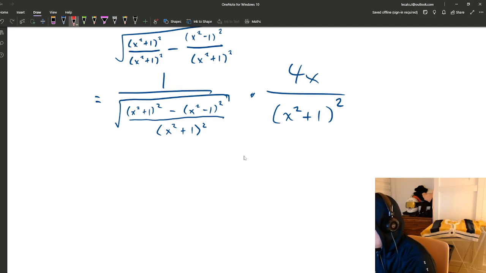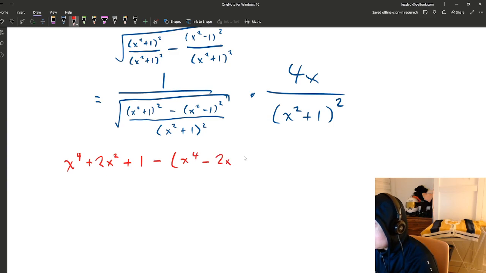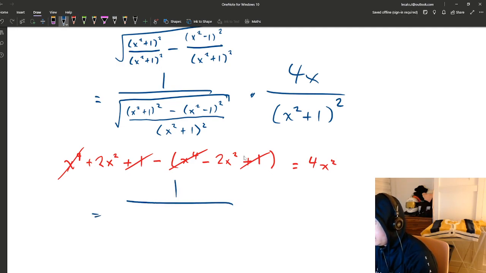So my numerator is going to be x to the power of 4 plus 2x squared plus 1 minus x to the power of 4 minus 2x squared plus 1. Okay, and then this cancels out with that, and this one cancels out with that one, which leaves me with 4x squared. Okay, I think I see where this is going.